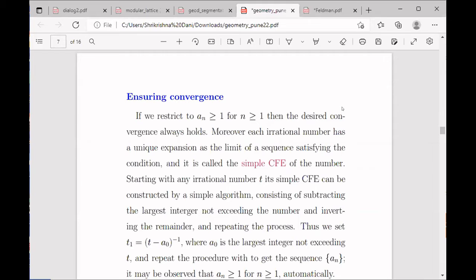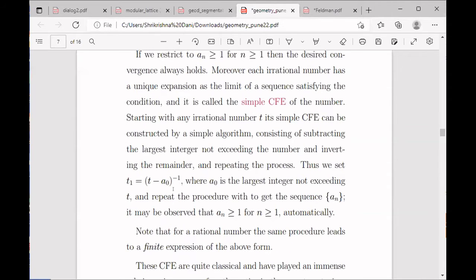First of all, the most often talked of continued fractions are called the simple continued fraction expansions. As you may recall, they are obtained by a very simple strategy. Given any real number t, you take away the largest integer that is less than or equal to it, say a naught. Then the remaining part, t minus a naught, is a number less than 1.